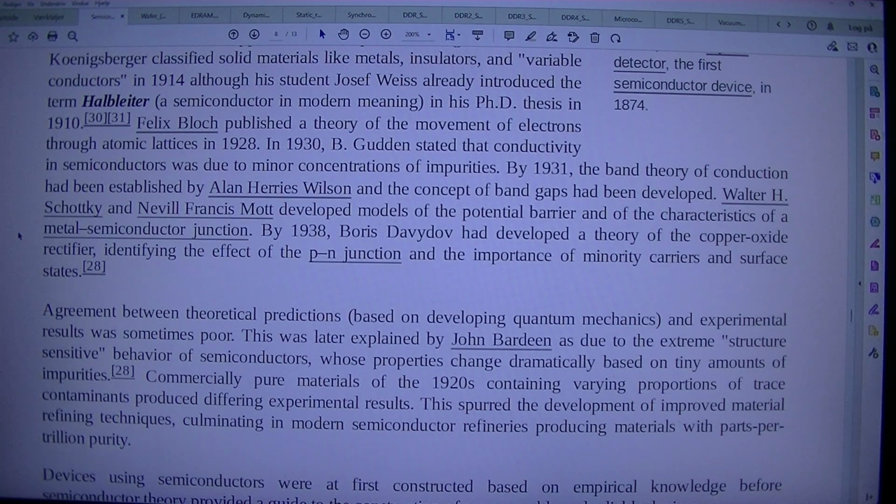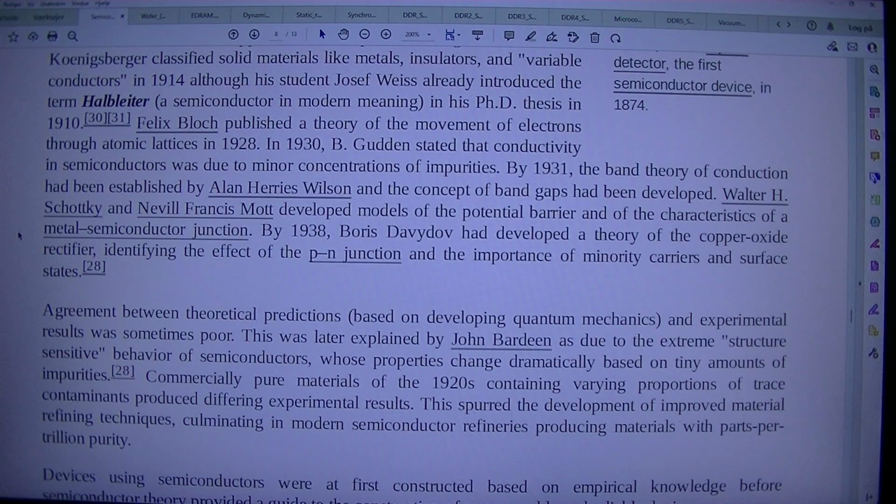Walter H. Schottky and Nevill Francis Mott developed models of the potential barrier and of the characteristics of a metal-semiconductor junction. By 1938, Boris Davydov had developed a theory of the copper oxide rectifier, identifying the effect of the p-n junction and the importance of minority carriers and surface states.